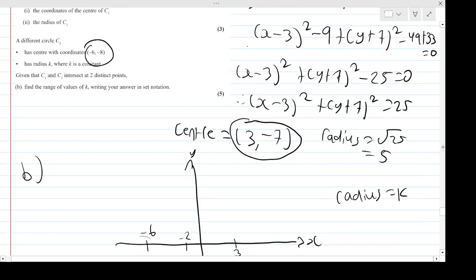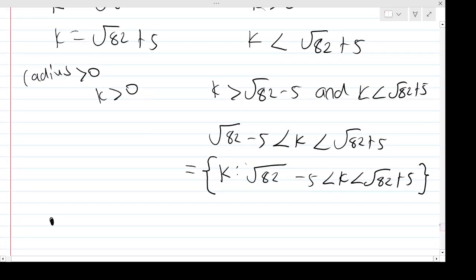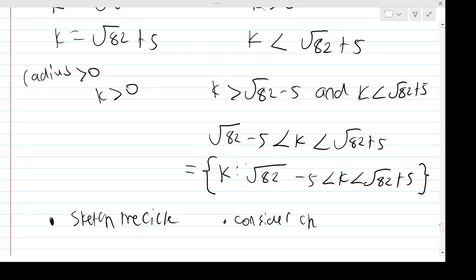But yeah, there's no formulaic pattern to solving these. These are geometric problems. You kind of just have to sketch the graph and try and work out what you need to do from there. However, some general-ish tips are to sketch the circle or the problem or whatever, then you consider changing the radius.